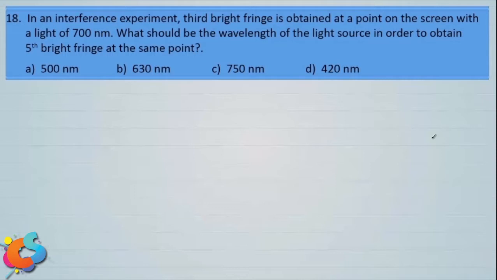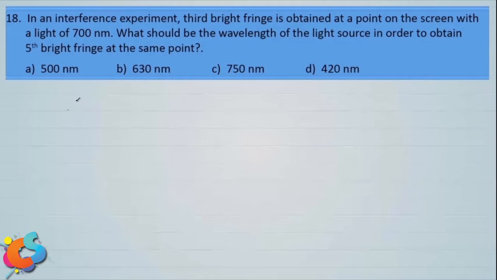So here it's a problem based on the superposition or the coincidence of the fringes. Two bright fringes coincide when the distance between them from the center is equal. That is, when two bright fringes coincide at a point on the screen, the distance of these two fringes from the center will be the same. So I'll make use of the distance formula.